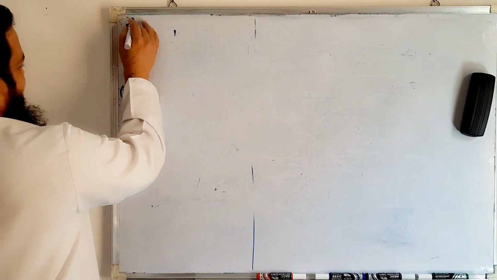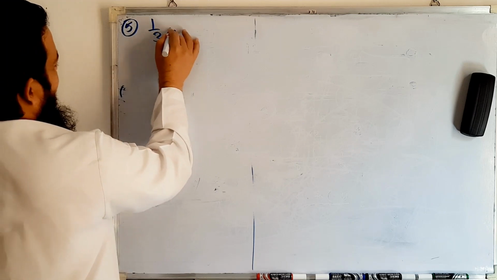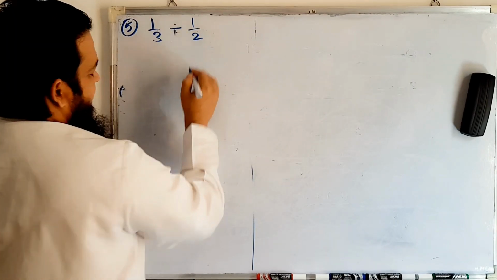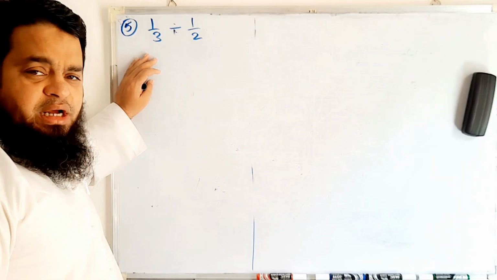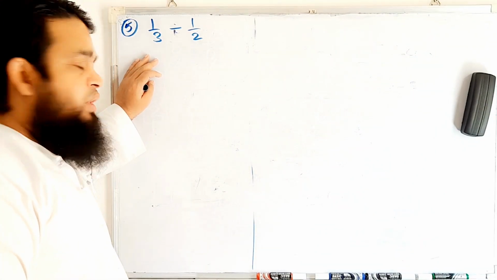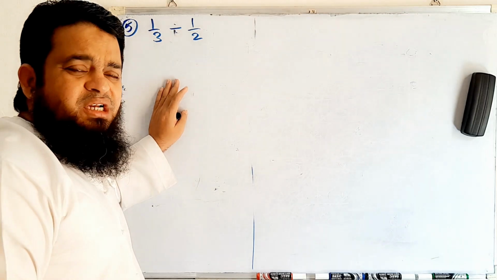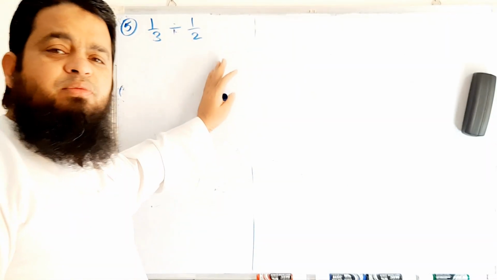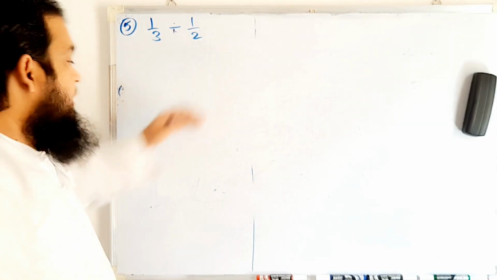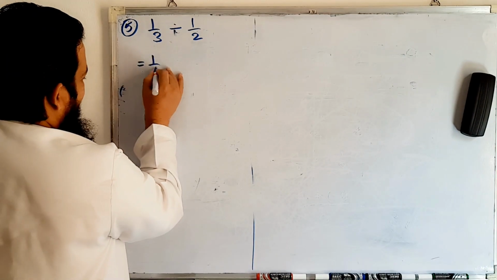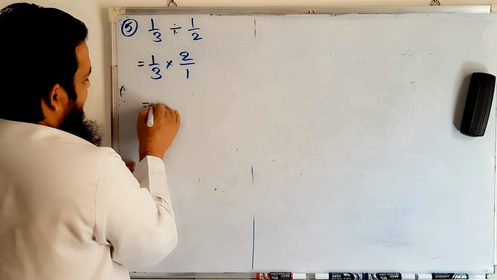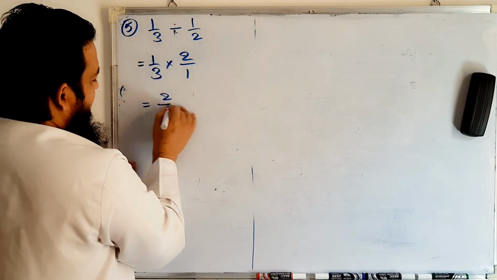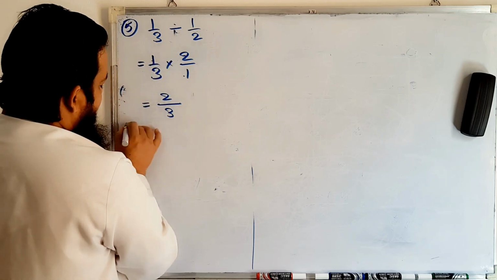Whenever we divide fractions, we already know, we change the division to multiplication and take the reciprocal of the divisor fraction. So it is nothing but 1 by 3 times 2 by 1. Now multiply. 1 times 2 is 2 and 3 times 1 is 3. Simple.